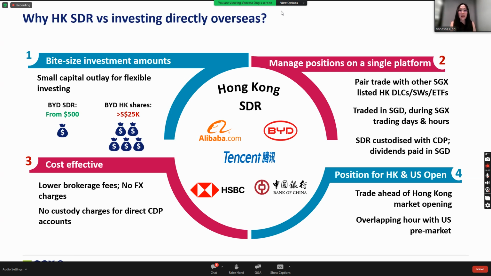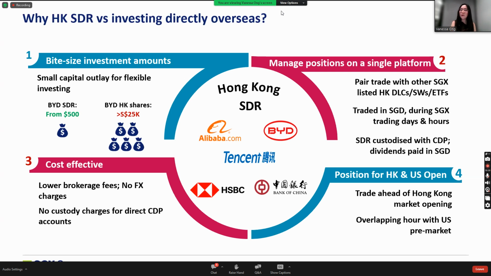And now with SDRs, investors can conveniently manage their existing China and Hong Kong-based products all on a single platform on SGX. So one example is how you can maybe use the DLC or structured warrant to gain leverage exposure to a China-based underlying by purchasing the Hong Kong SDR.